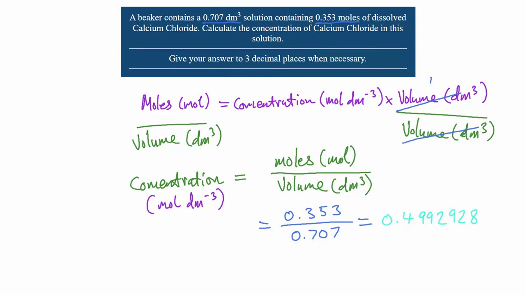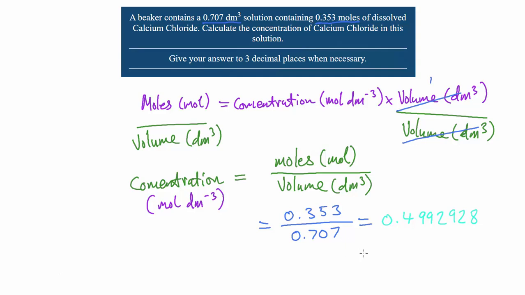Not quite. Our question asks us that we need to give our answer to 3 decimal places, and it also asks us that we need to give a concentration. Currently we have a rough figure, we do not have it rounded to the correct number of decimal places, and we do not have the units in place yet, so we need to quickly do that.